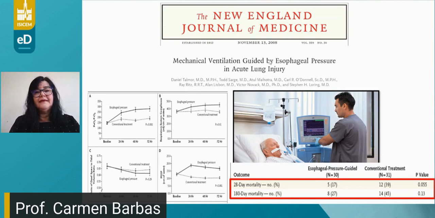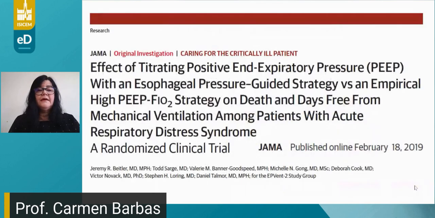In 2008, the Talmor group showed that titrating PEEP with the esophageal pressure, the transpulmonary pressure, 0 or more than 0, we can improve the compliance, improve the oxygenation, and in 61 patients, they showed a trend to improve survival. But after, in 2019, with more patients, they showed no difference in mortality.